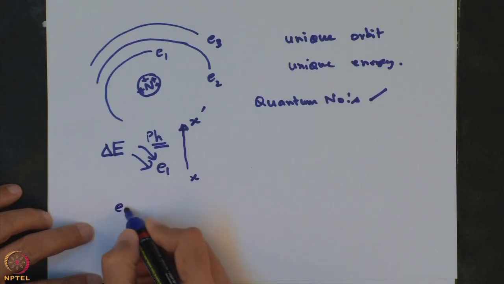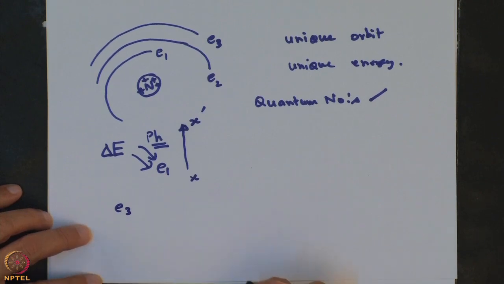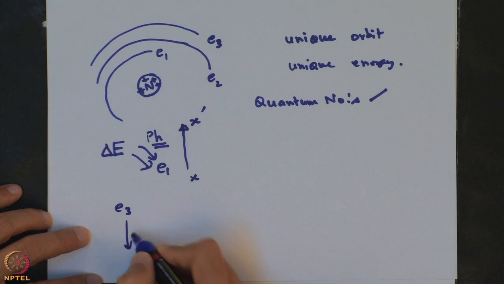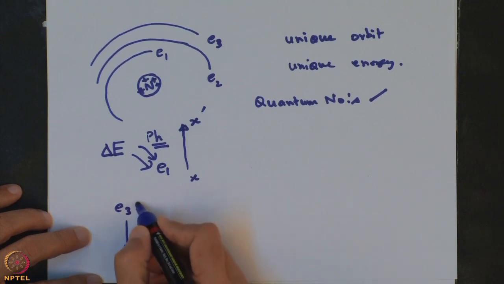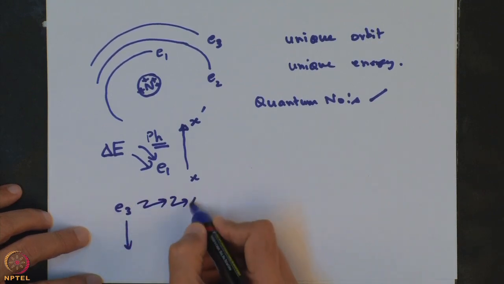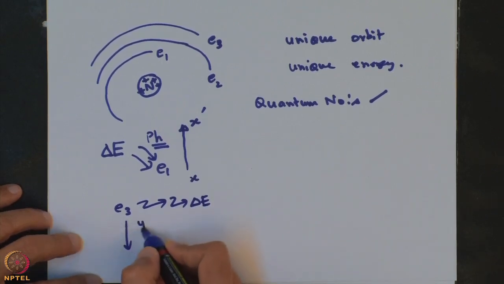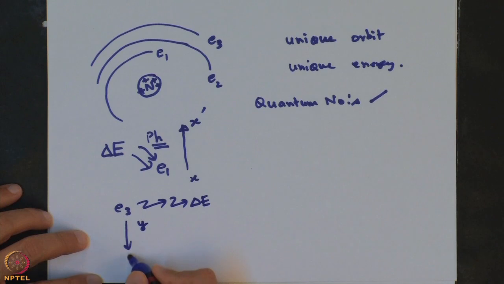Likewise, if let us say E3 loses energy, it will fall. So, this E3 actually loses energy. So, let us say delta E, it will fall down from its original location y to y dash, to a lower energy.